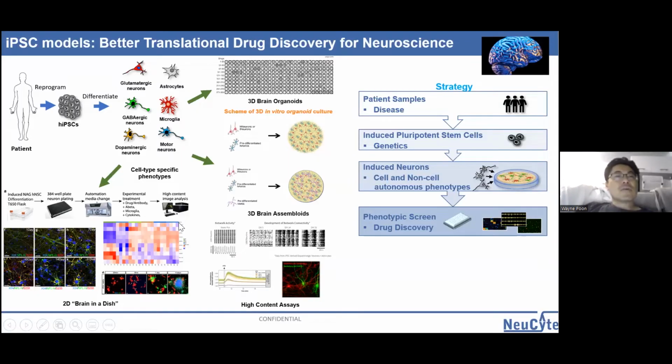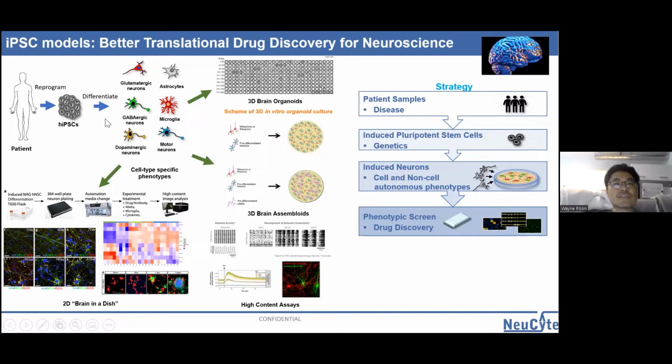Okay, so what are iPSC models? They are induced pluripotent stem cells. They are derived where we collect fibroblasts or blood cells from a patient, and using the Yamanaka factors, 4 factors, we can reprogram your cells to human induced pluripotent stem cells, which then have the potential to differentiate into any cell type in the body.